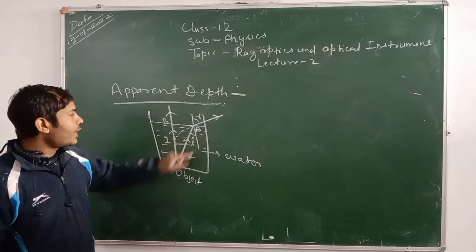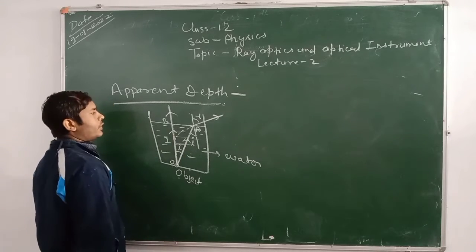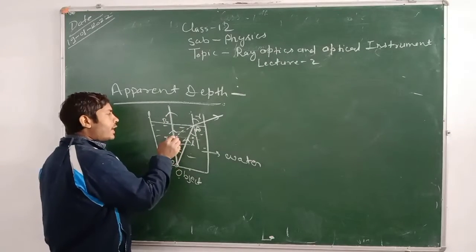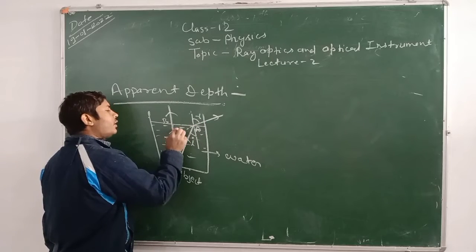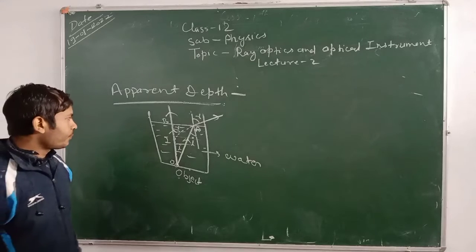So if it is angle I, this angle will also be equal to I. And if this angle is R, this angle will also be R, corresponding angle.